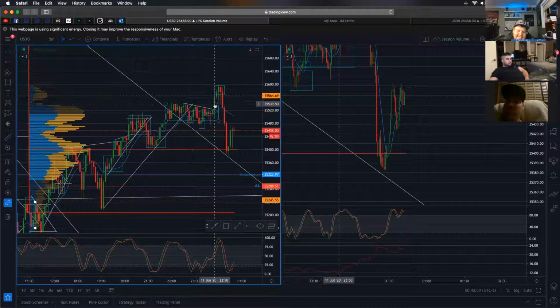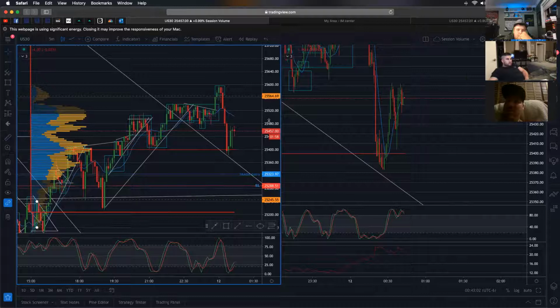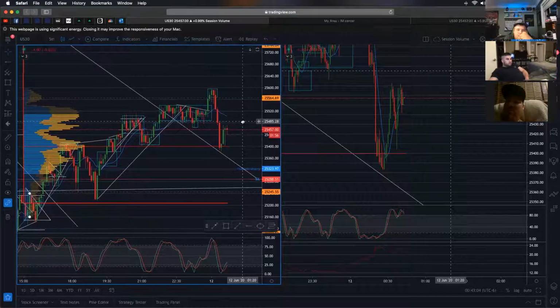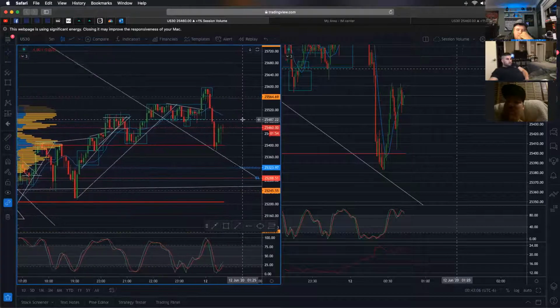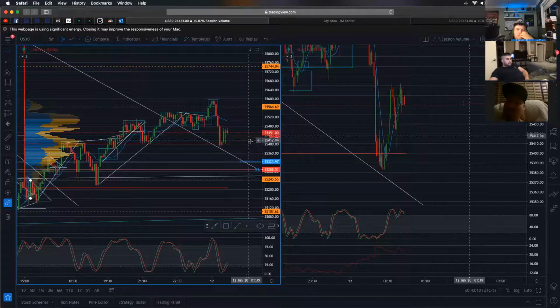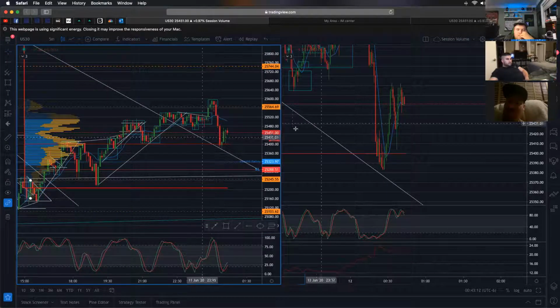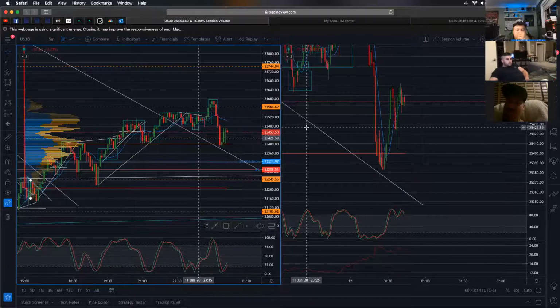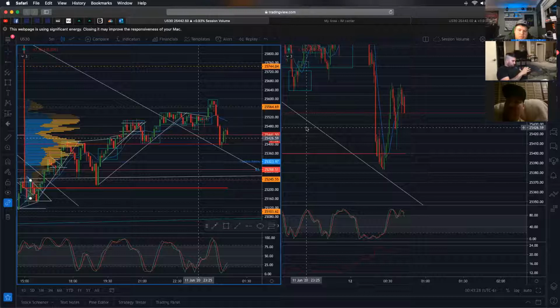Even if Patrick did like a 0.25 and then scaled out half of his position, so he got his original. What's he usually do? I haven't even seen what he's doing. He does like $1,000 a day at least, doesn't he?